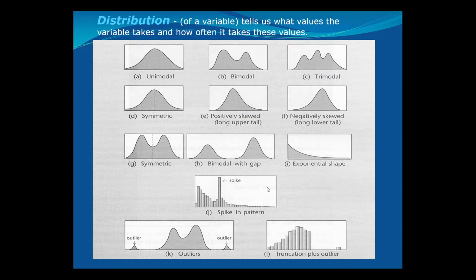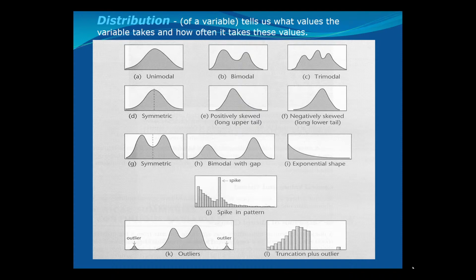We can get a distribution with a spike pattern in graph G. At graph K, you see some distributions with different outliers, and graph L is a distribution plus outlier.